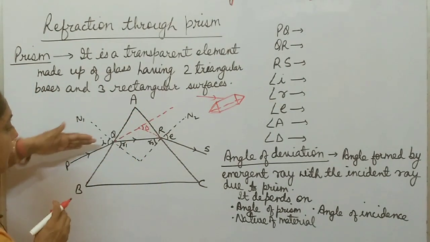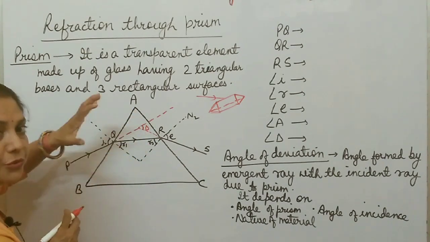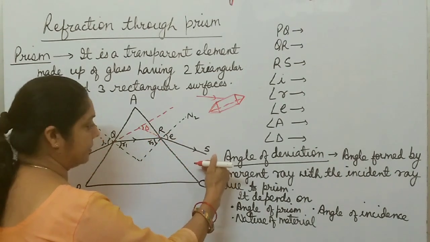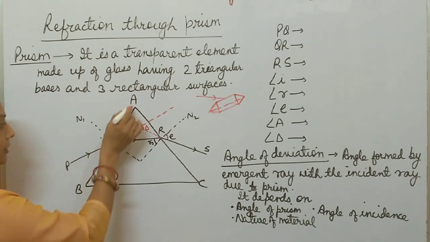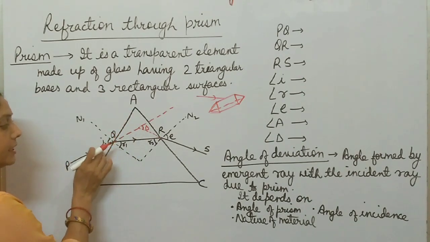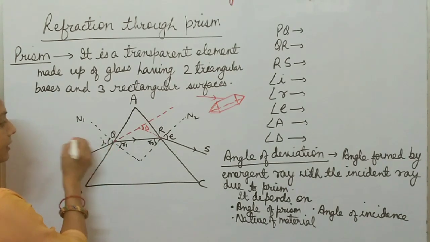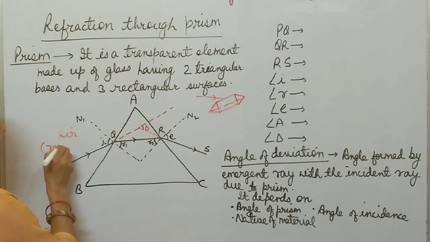Light is incident on this surface, then inside the prism refraction takes place due to change in medium, and then it comes out through this surface. So here I am going to make light incident on this surface. Here PQ is the incident light, right? Now at point Q, this one is air, and air is a rare medium, right?